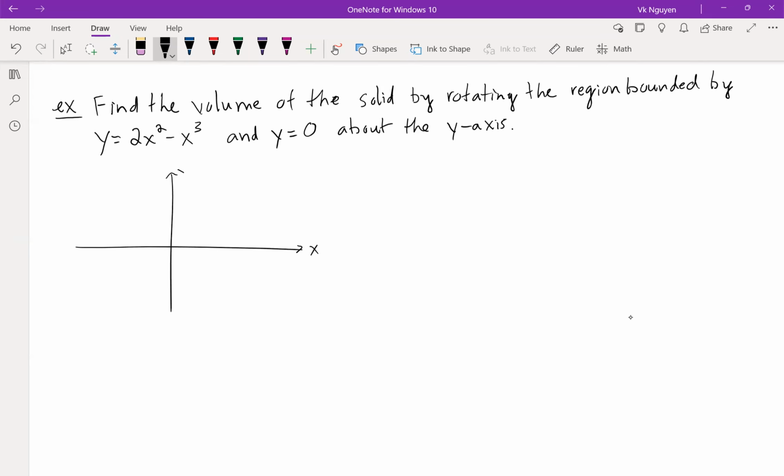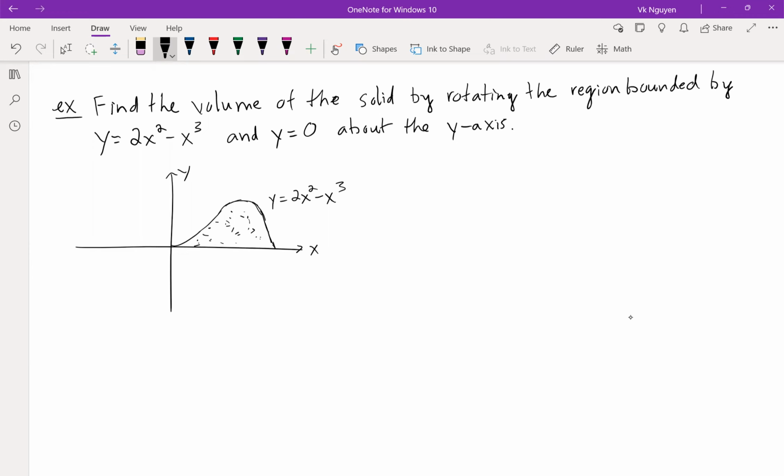So this is y equals 2x squared minus x to the 3. y equals 0, just the x-axis. And so this is the bounded region right here.